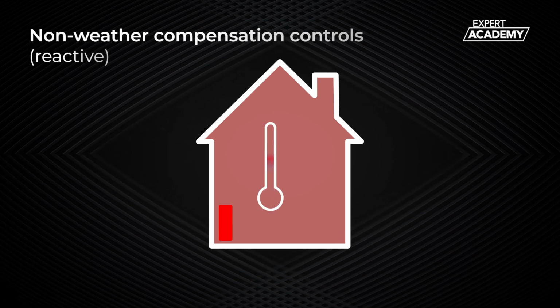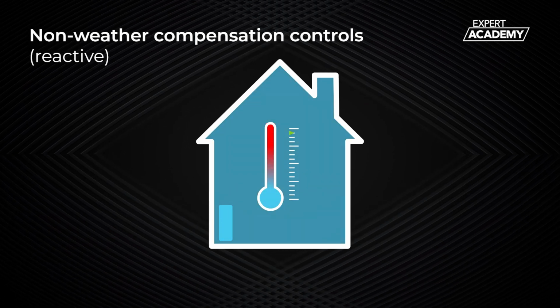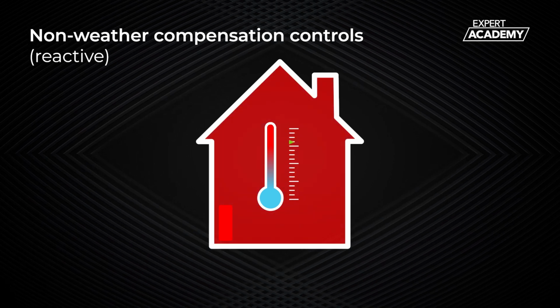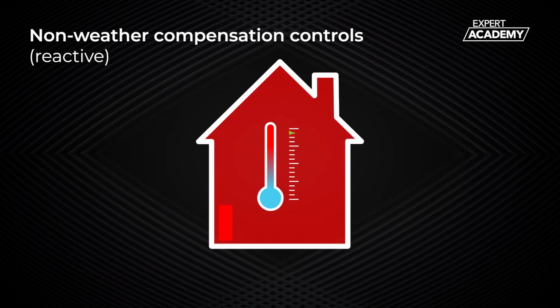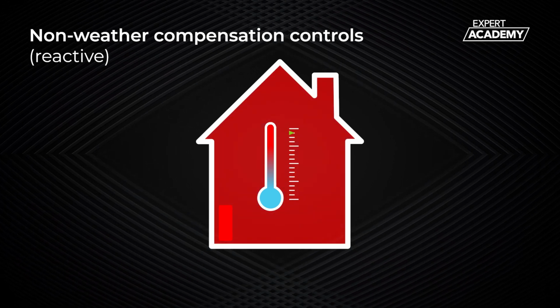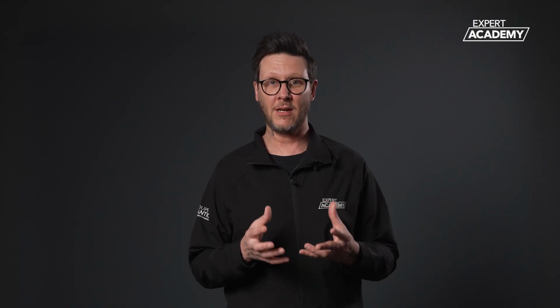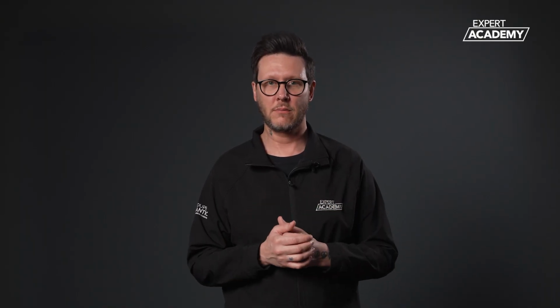Non-weather compensating controls, however, reactively respond to temperature fluctuations rather than adjusting to meet the heat demand. This leads them to commonly over and undershoot the requested temperature within a room or building. These are commonly referred to as on-off style controls.